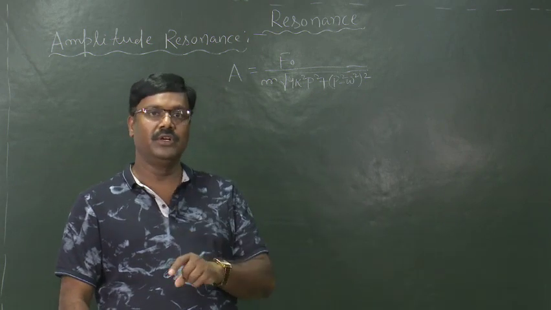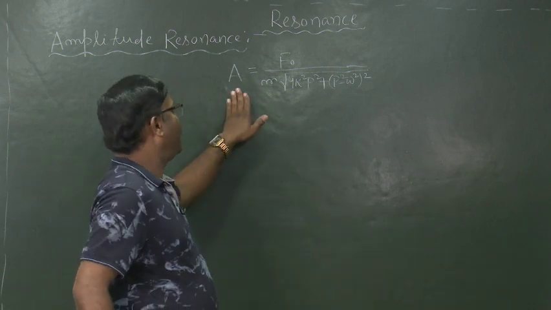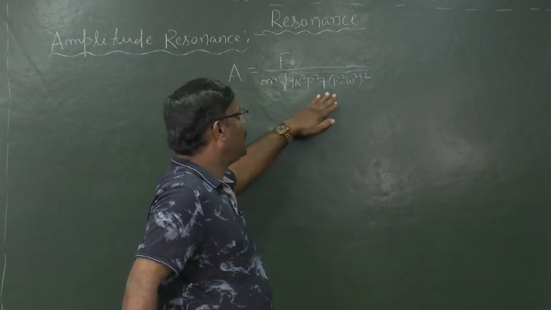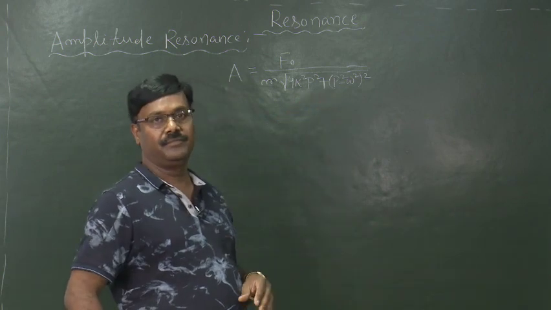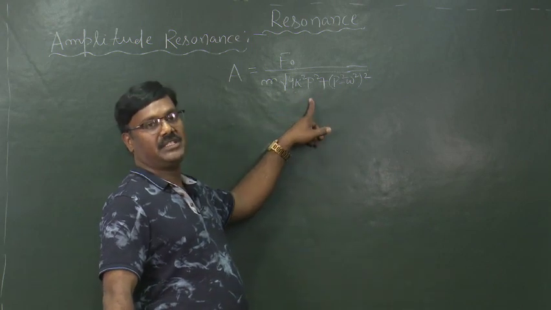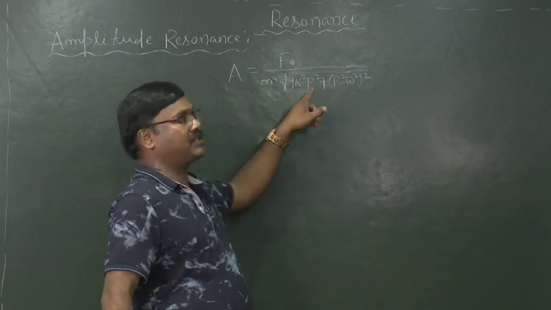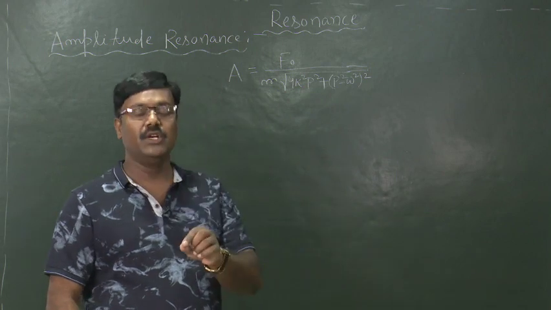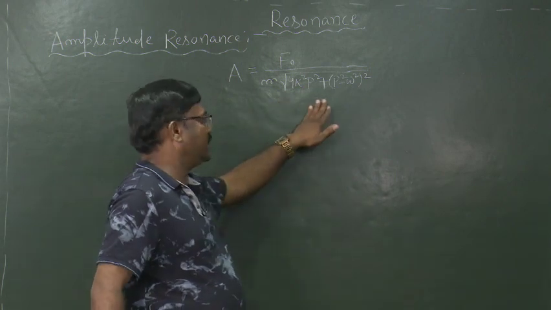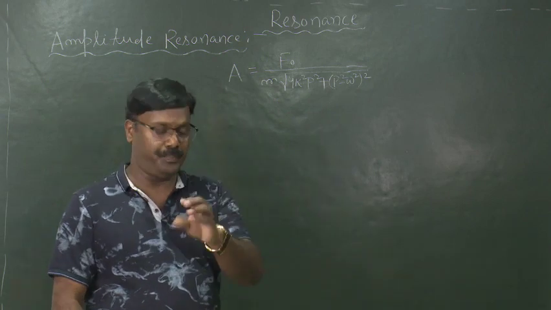So, to get maximum amplitude, that means to have the denominator to be minimum, let us find out the variation of this denominator with respect to p. That means we have to find out the derivative of the denominator with respect to p.